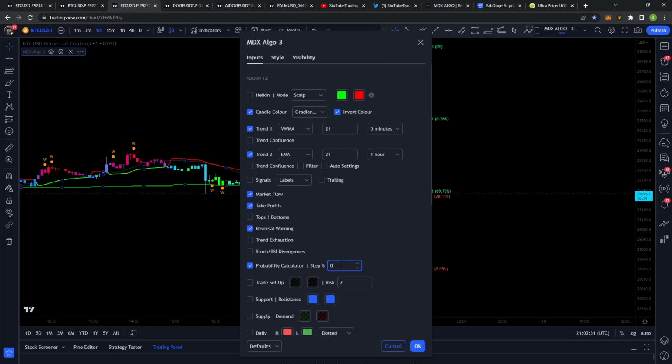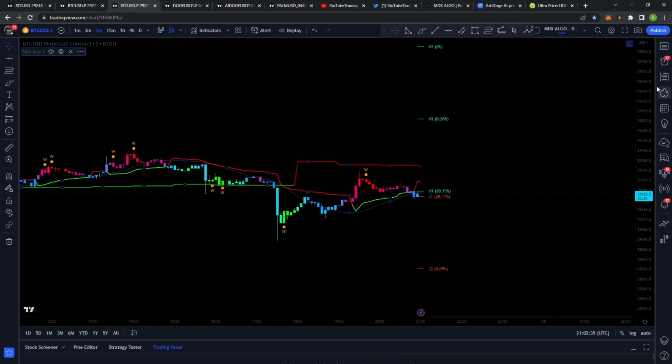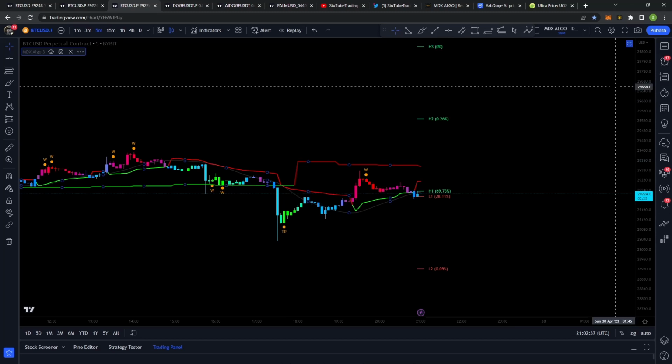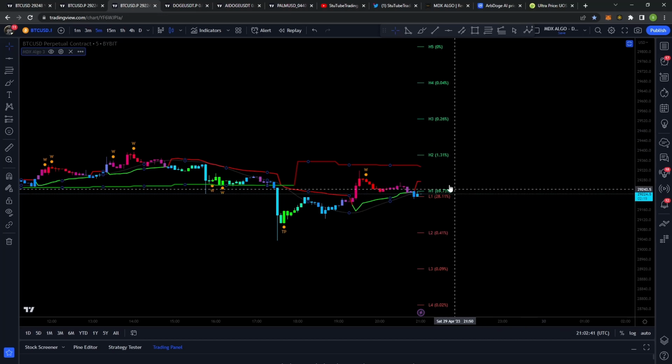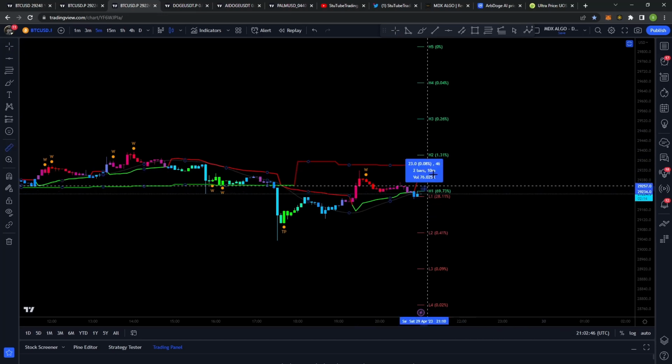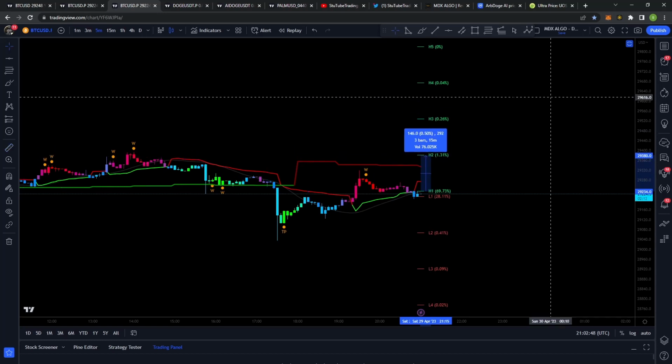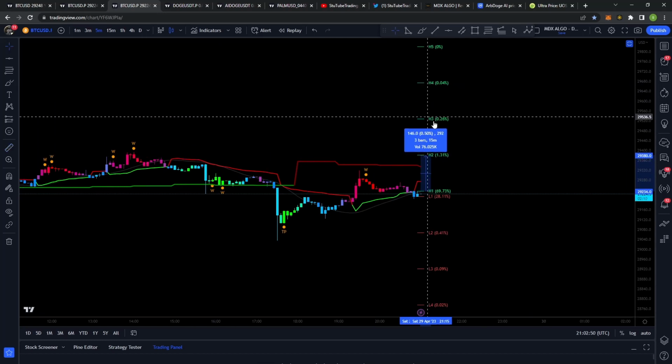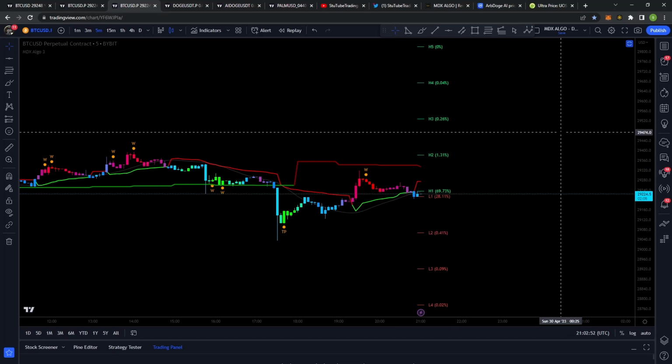Let's just say 0.5, just to tighten things up a little bit. I assume that will tighten them up. And yeah, they should now be 0.5% apart. Yeah, just percentage steps.